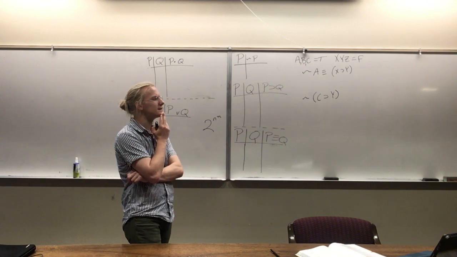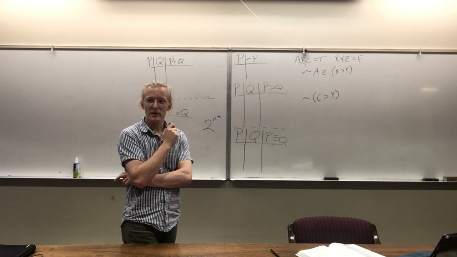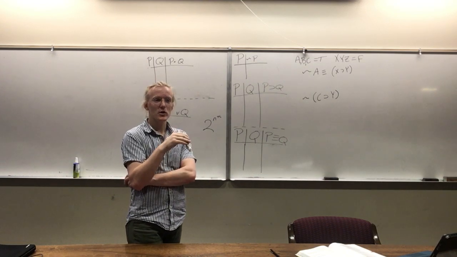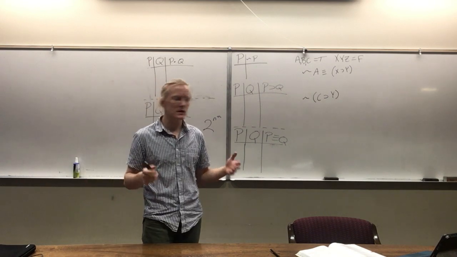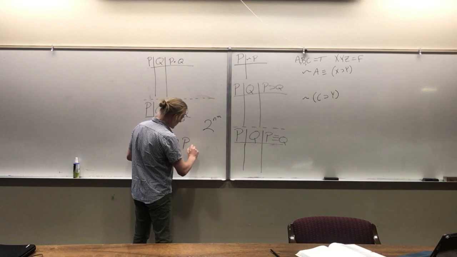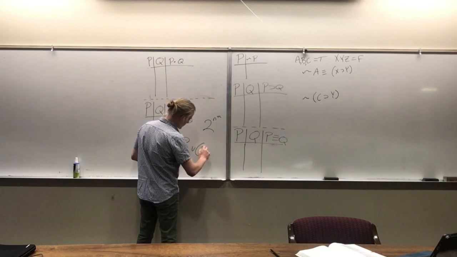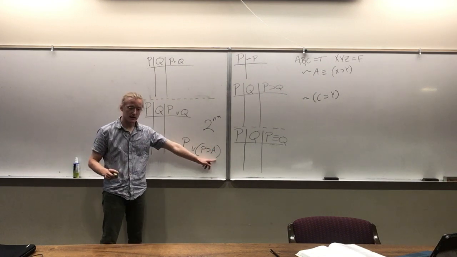So you can have multiple iterations of a sentence letter. So for instance, either I go to the park, or if I go to the park, then Andy likes barbecue chips. So what I've done is I've used the same sentence letter, which would be represented as either I go to the park, or, if I go to the park, then Andy likes barbecue chips, which would look something like this, right?